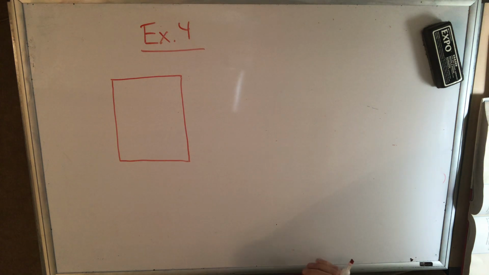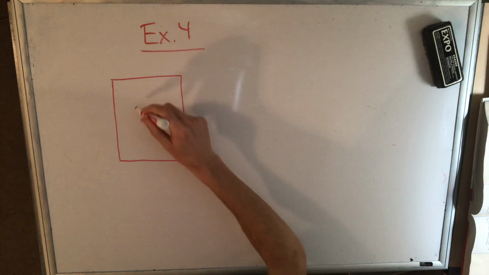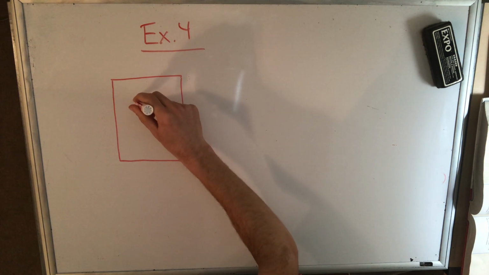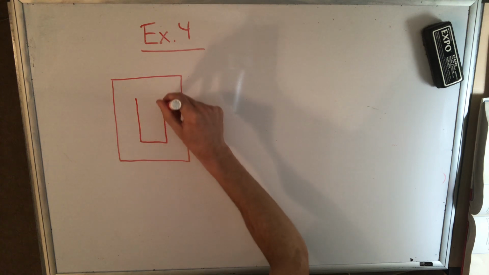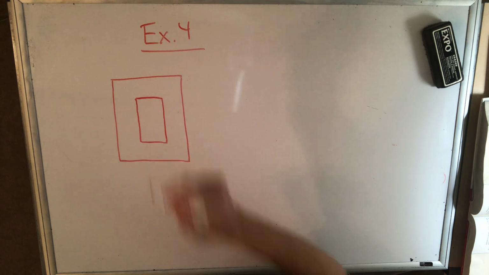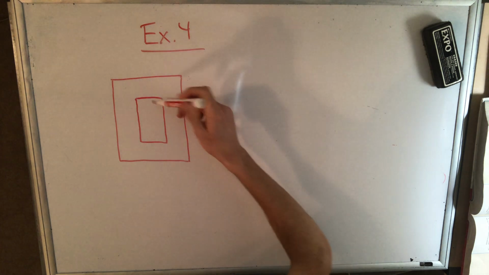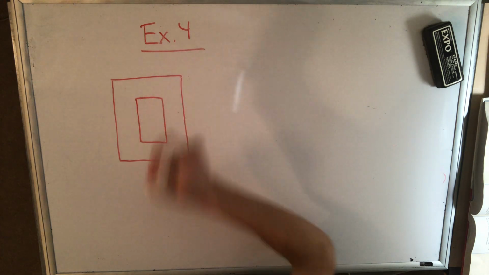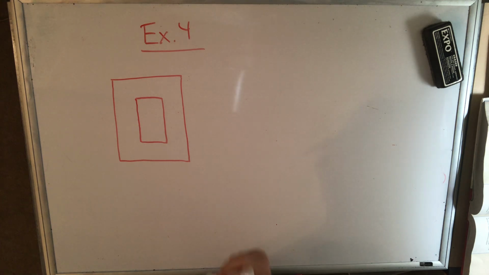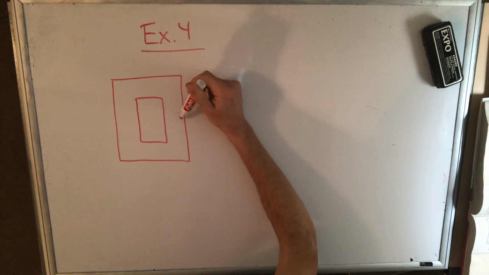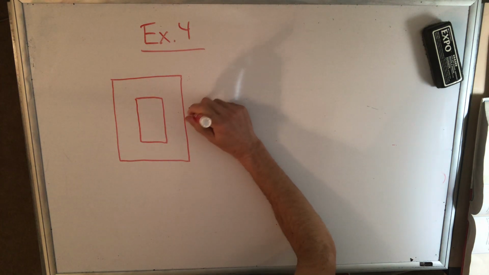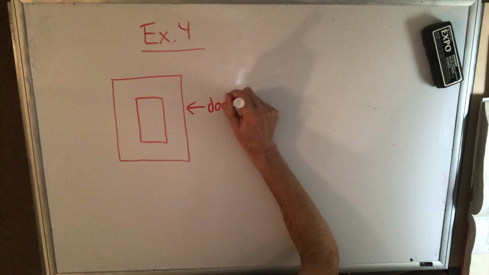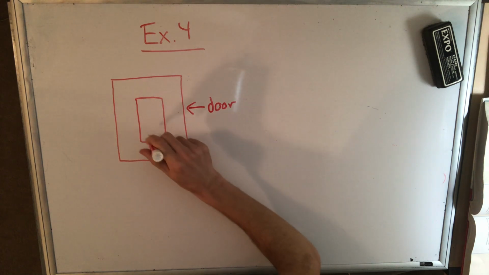And then we have chalkboard paint in the middle of the door, with a uniform border going all the way around the chalkboard paint, meaning same width border all the way around.